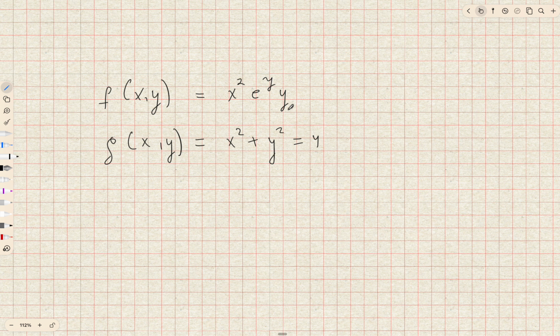As you can see, this constraint is basically a circle centered around 0. So we have a function that we are trying to maximize, and we have a constraint that is a circle. What it's basically saying is: what are the values of x and y that will maximize our function f(x,y), but at the same time will be on this circle?